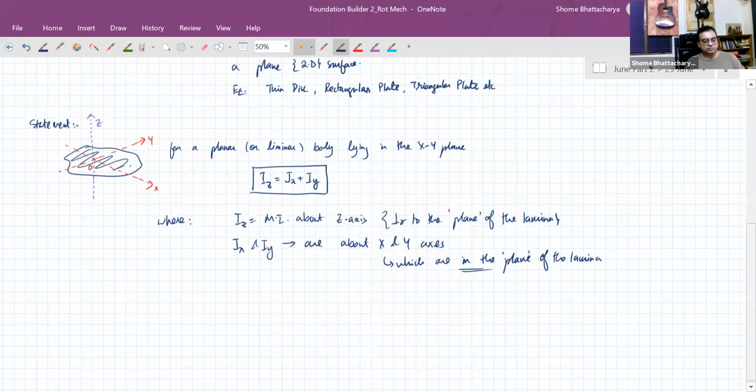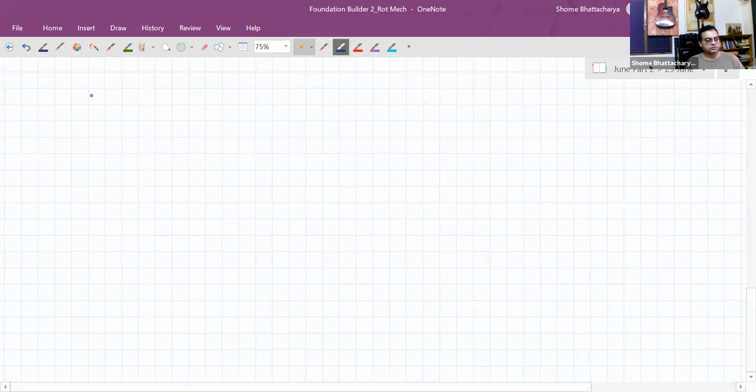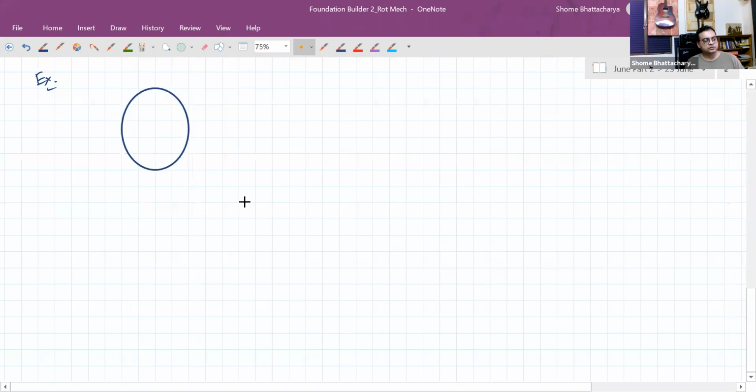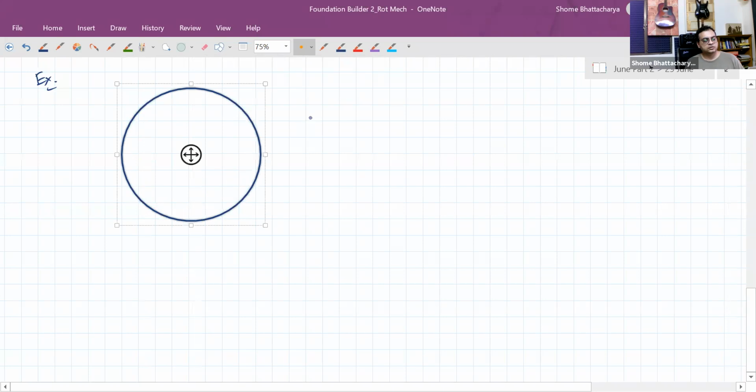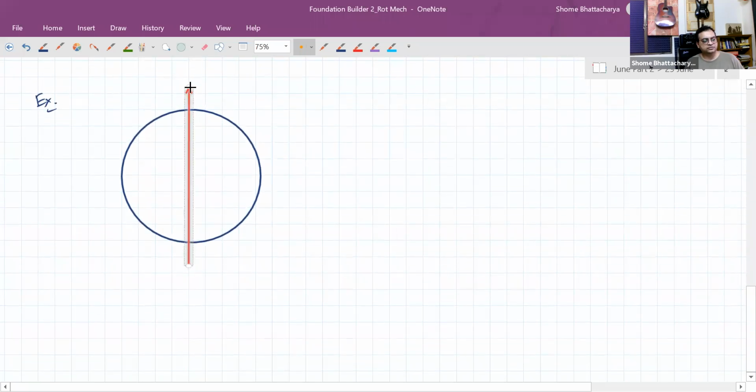Okay, so let's see some examples of application. So we have the case of a thin uniform ring, let's say. And let's say we take the x and y axes as mutually perpendicular diameters for it.